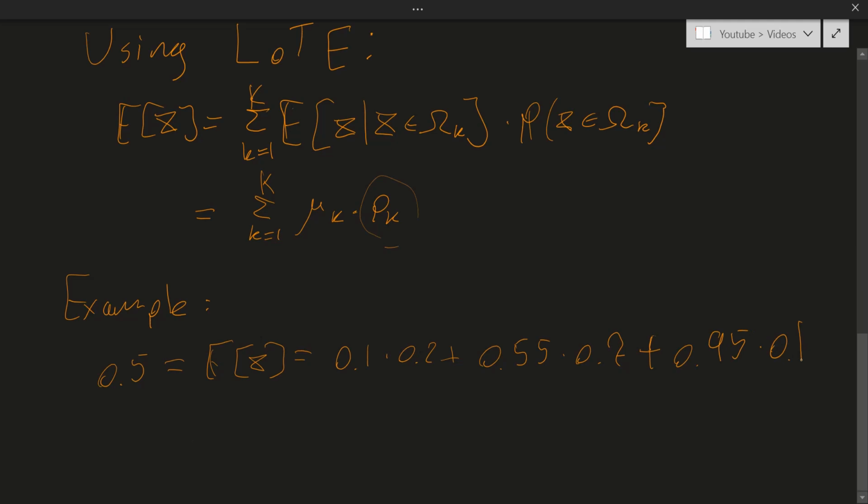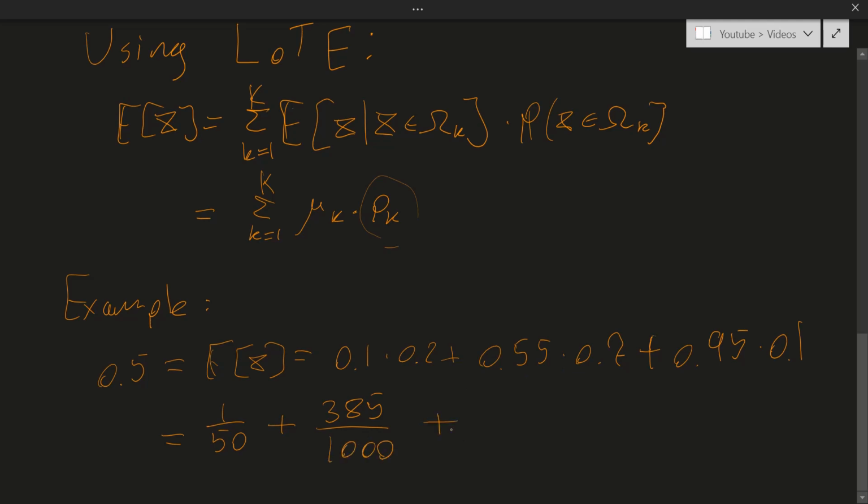This is all equal to, like this we can write as 1/50. This will be 385 over 1,000.